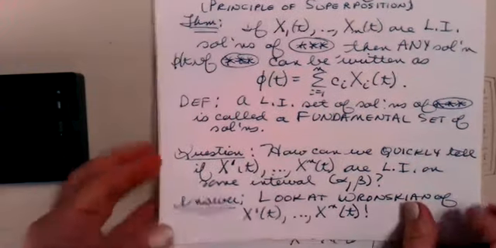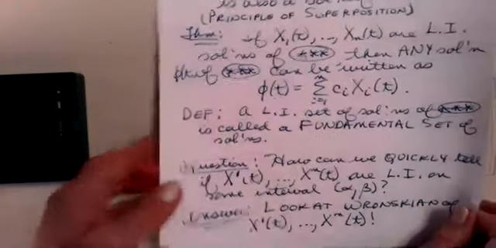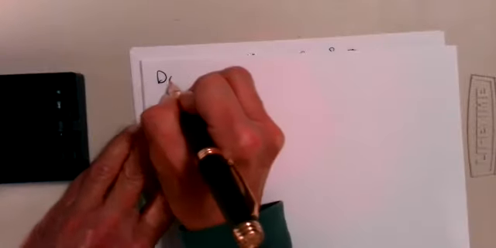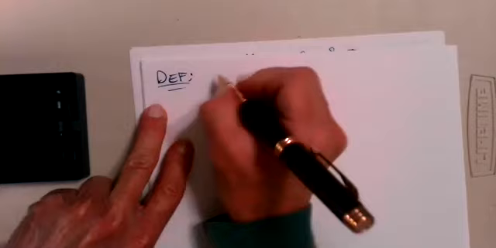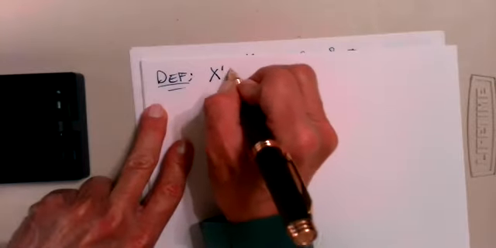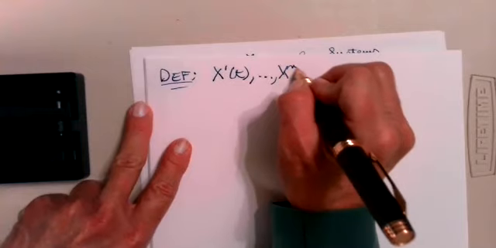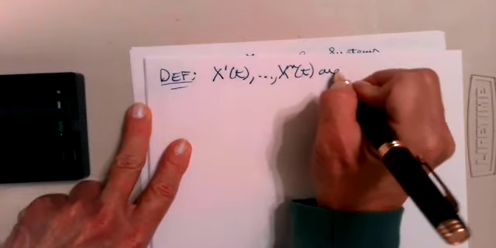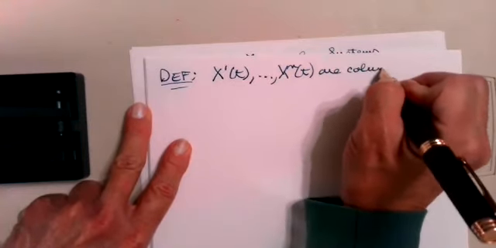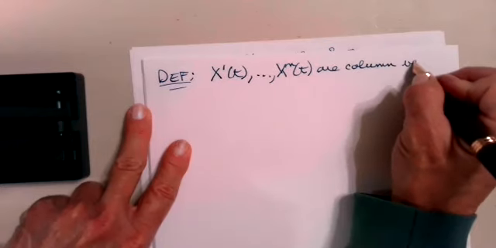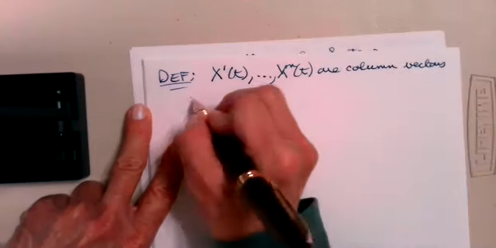Now, first I have to tell you what that is. Okay, so what's the Wronskian going to be? The Wronskian is going to be formed by taking those vectors, and remember they were column vectors. So x1 of t up to xn of t are column vectors in Rn.